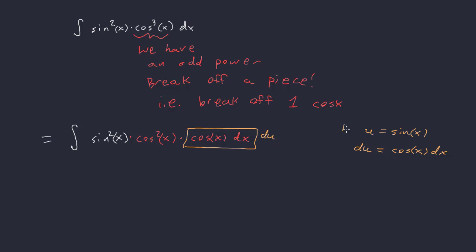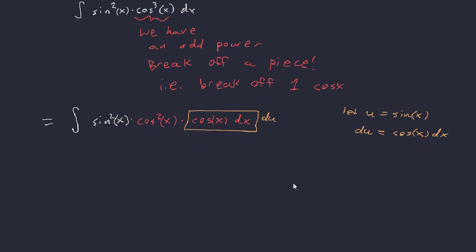So if we let our u be sine of x, then our du is going to be cosine x dx. And that's how this method always works if we have a single odd power. We break off a piece from the odd power, and then we set up a u substitution with that broken off piece as our du. That's how this is always going to work.